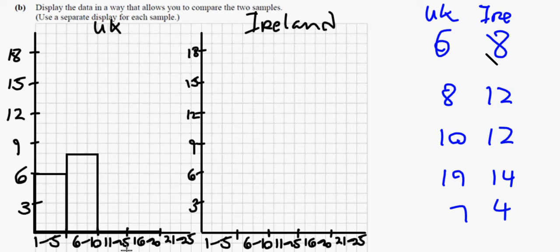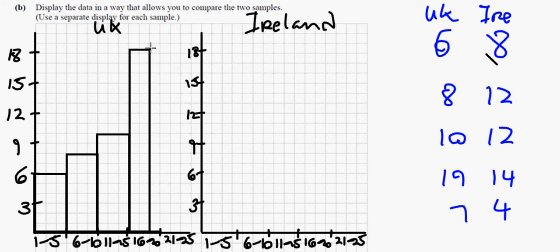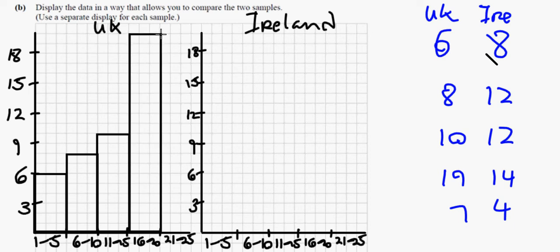The third one is 10, which is going to look like this here. The next one is 19, which is going to be up here. And the one after that is going to be 7, which is here. Now the last one, you might want to space that out a bit better. You could use a gap of 2, maybe.